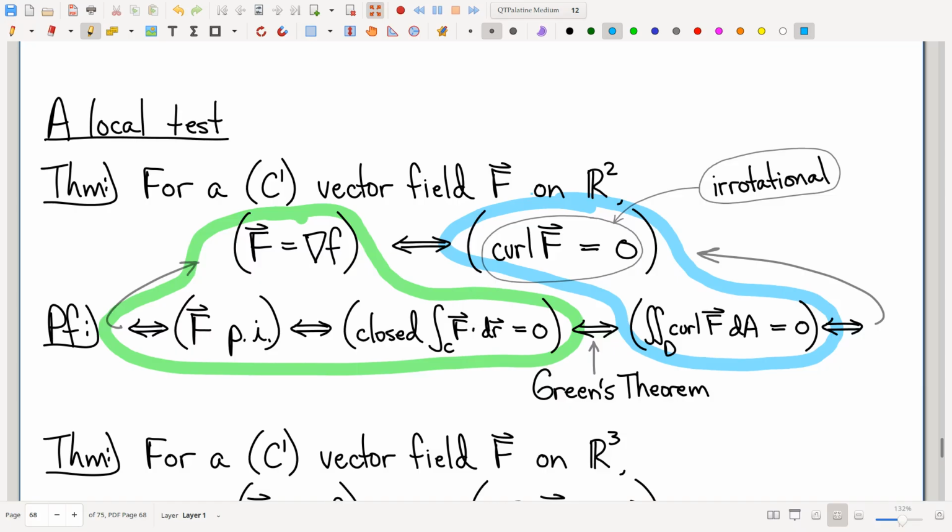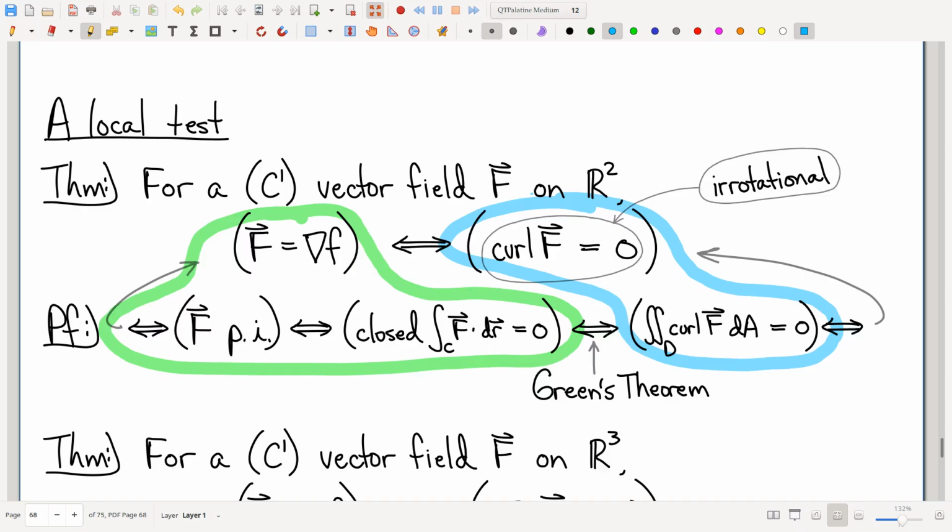And also, if you have some function where all of its integrals are always 0, no matter what domain you pick, how could all of the integrals of something possibly be 0? The function itself must be 0. So I'm going to say we've established that the green 3 statements are clearly equivalent.